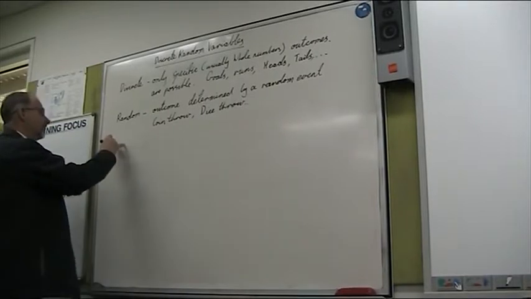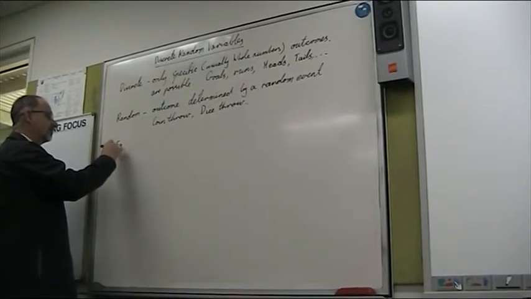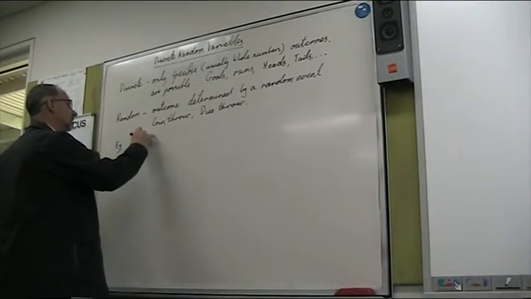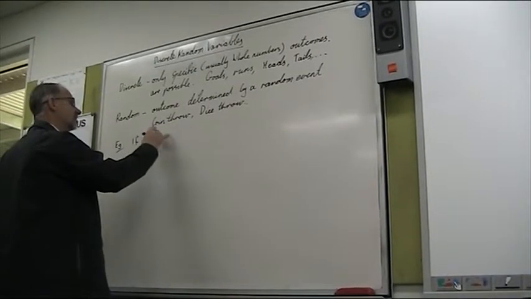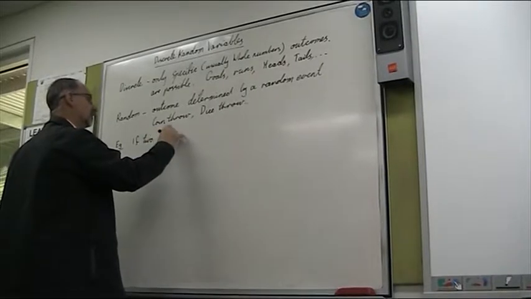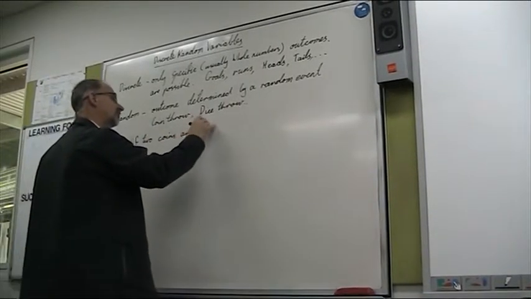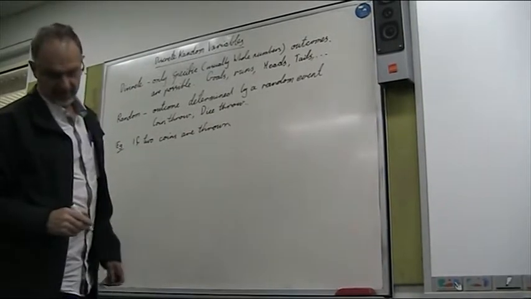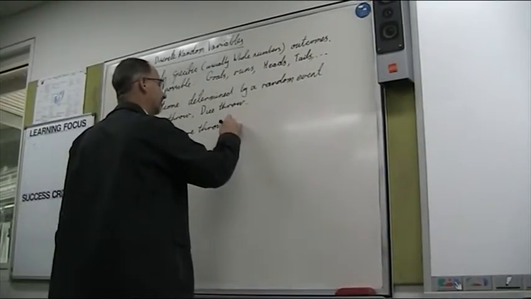So what we're going to do is now look at an example. For example, if two coins are tossed, find the probability of a certain thing.